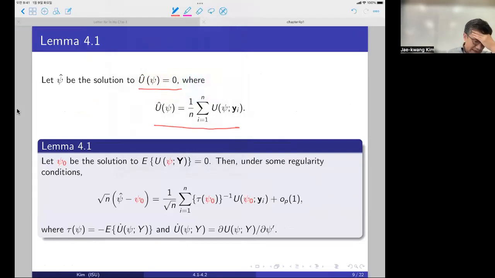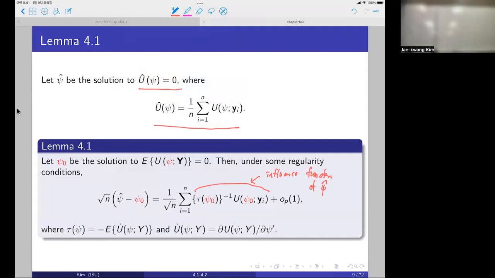Then at the end of the day, you can express this, and this is actually the influence function of psi hat.